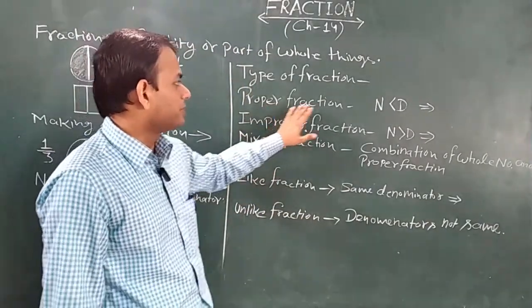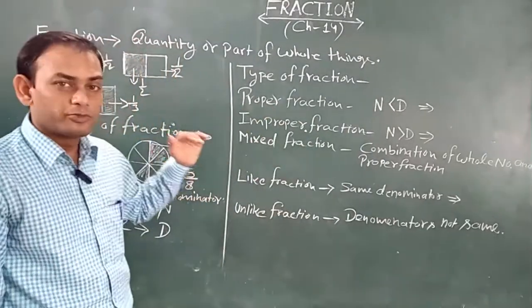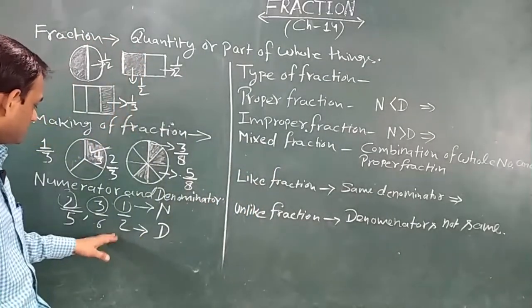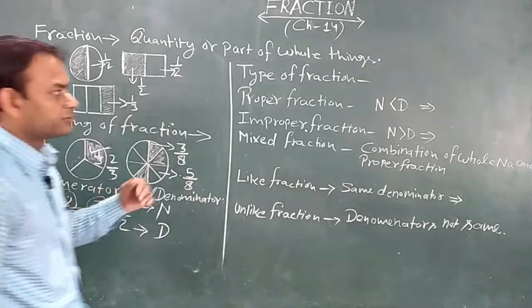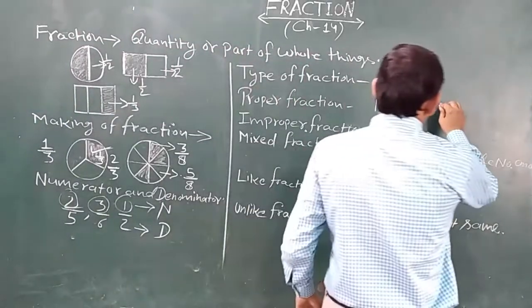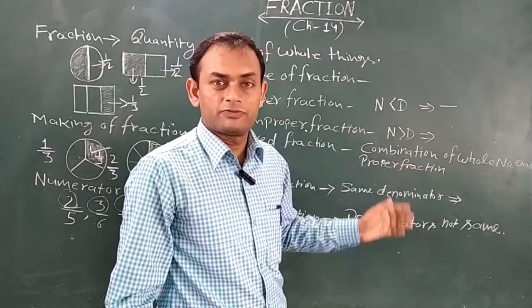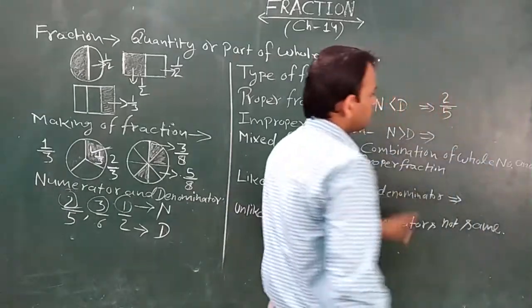First of all, the proper fraction. What are the proper fractions? The fraction in which the numerator is smaller than the denominator. Like here, you can see the numerator is smaller than the denominator. It means all those fractions in which the number written above the line is smaller than the number written below the line. Like 2 by 5.